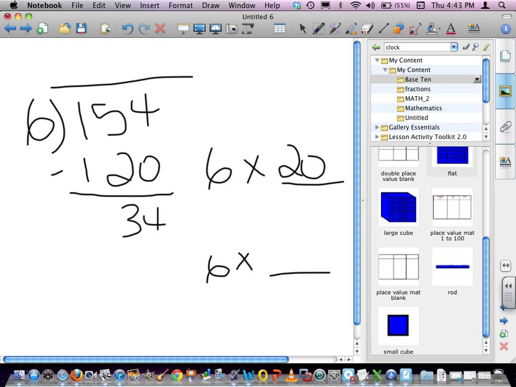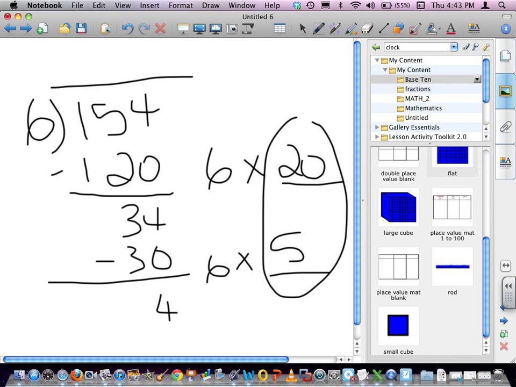Or 34. So 6 times 5 is exactly 30, which is close to 34, and then I have 4 left over. Okay? So how much did I put in each group? 25. So that was a lot easier. Yeah, it's easier if you know how to fair share.